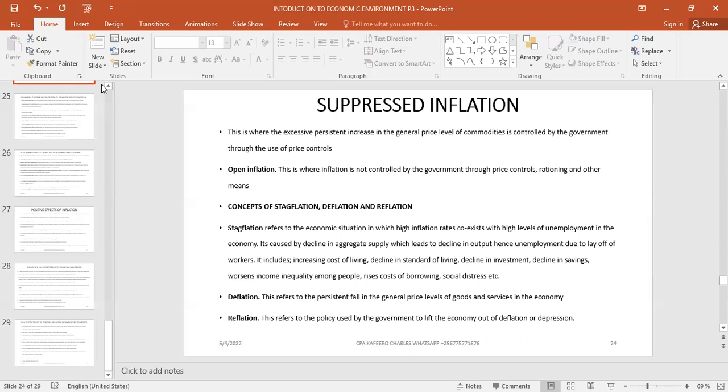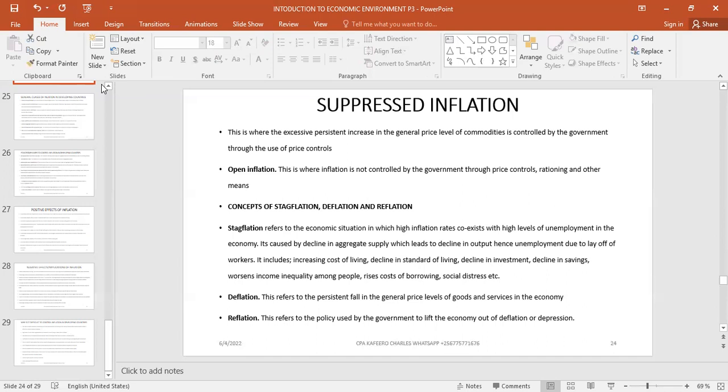They cannot even access medication, because the prices for medication are high. Then their health conditions are going to be affected, meaning the standard of living, how people live, is going to be completely bad.